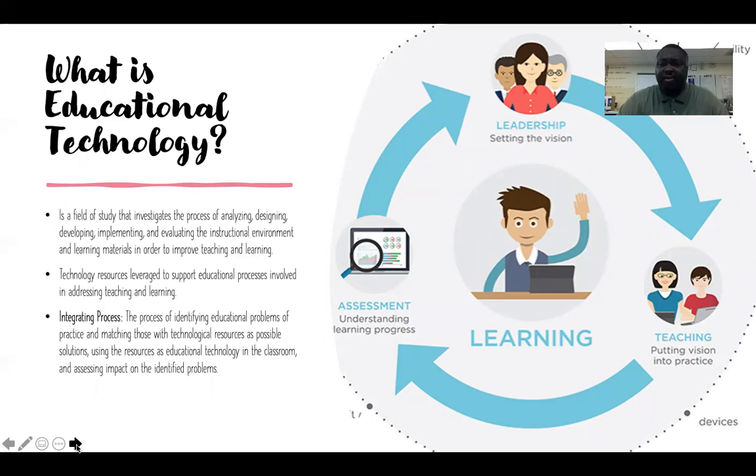What is educational technology? Now, educational technology is a field of study that investigates the process of analyzing, designing, developing, implementing, and evaluating the instructional environment and learning material in order to improve teaching and learning. Now, we've heard these words before: analyzing, designing, developing, implementing, and evaluating.